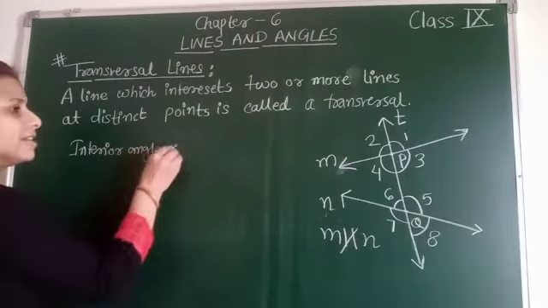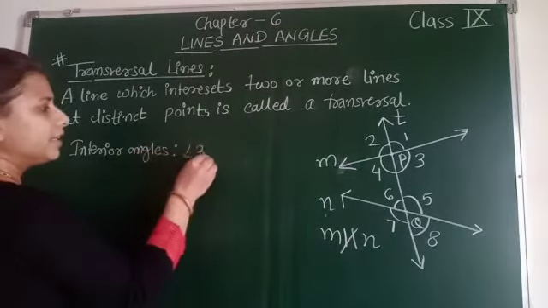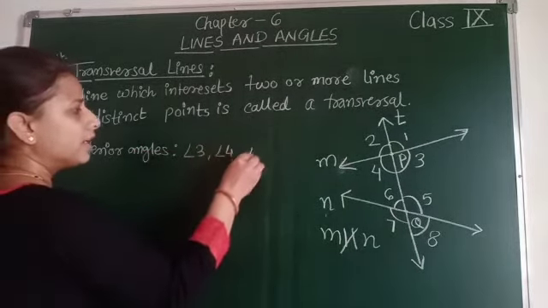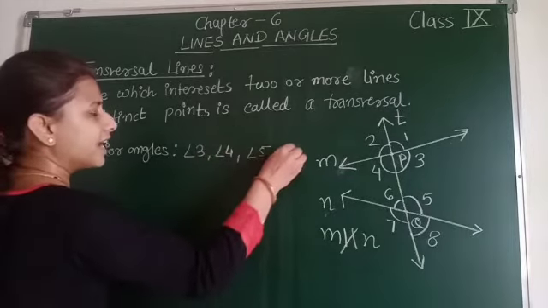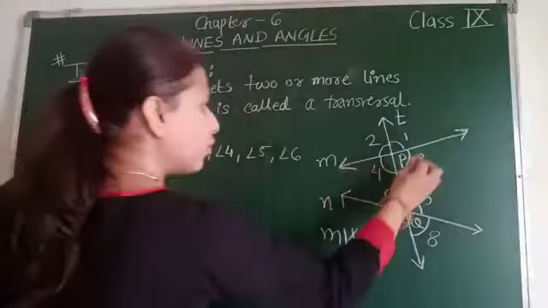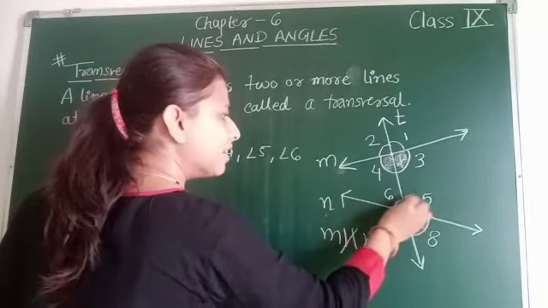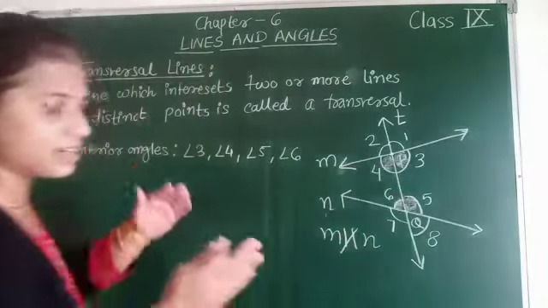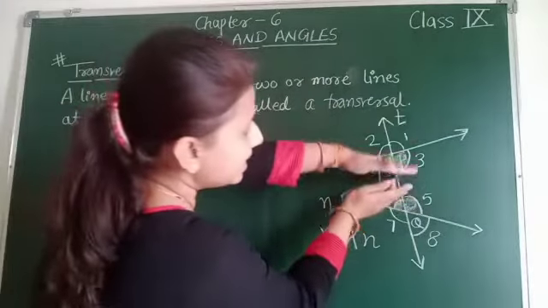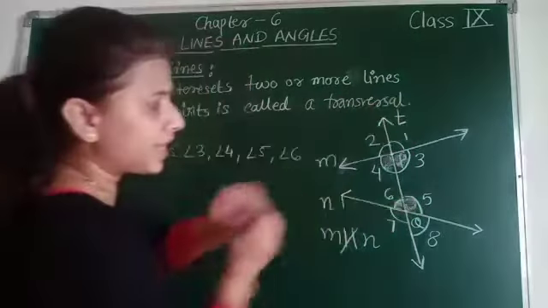Interior angles are angle 3, angle 4, angle 5 and angle 6. All these four angles are your interior angles because all these four angles are forming inside these two lines.